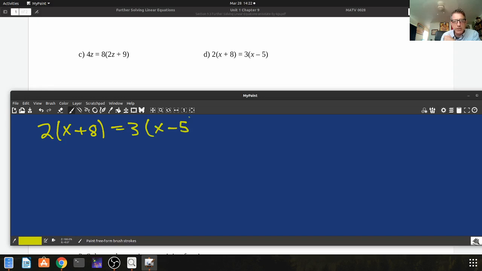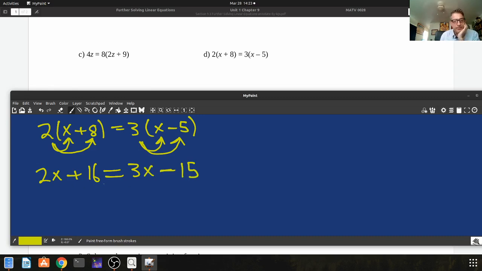And we're going to use distribution on both sides. Again, you should be getting really, really comfortable with distribution. So 2 times x is 2x. 2 times 8 is plus 16. 3 times x is 3x. 3 times minus 5 is minus 15.